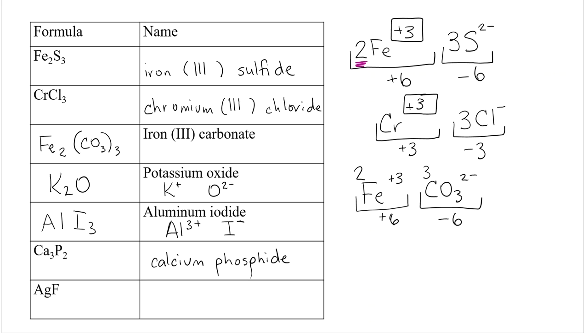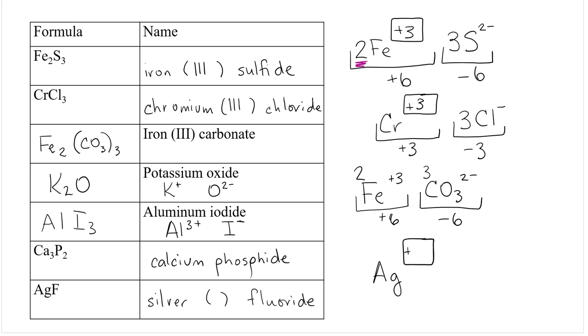And then we have AgF. So first thing, it's ionic. Second thing, silver is here. Silver is a transition metal. Since silver is a transition metal, you have to give me its charge in Roman numerals. So we know it's going to be silver something fluoride. We just have to figure out what its charge is. When you figure out what its charge is, you break it into its ions.